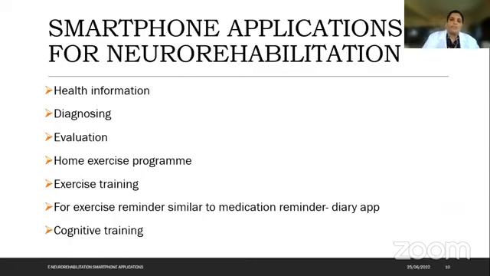So you have home exercise programs, exercise training, exercise reminder apps, calendar apps, and neuro diary apps, where there is an exercise reminder and the profile of the patient is kept. Then you have cognitive training.